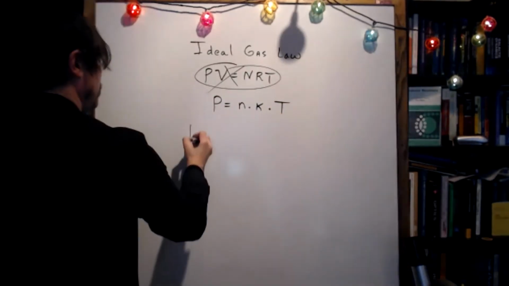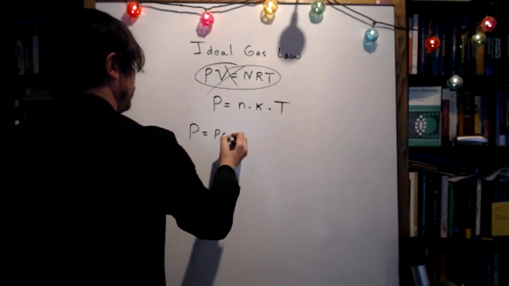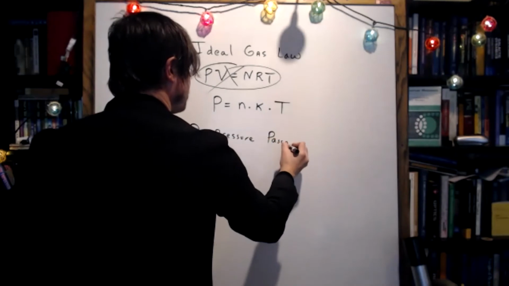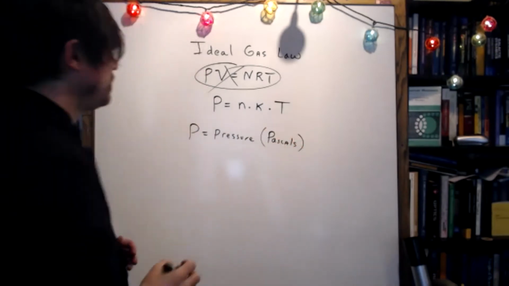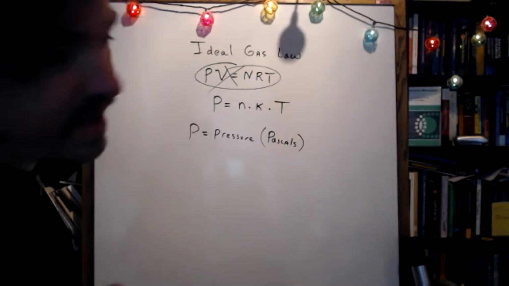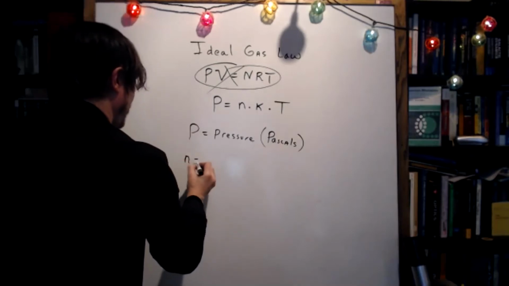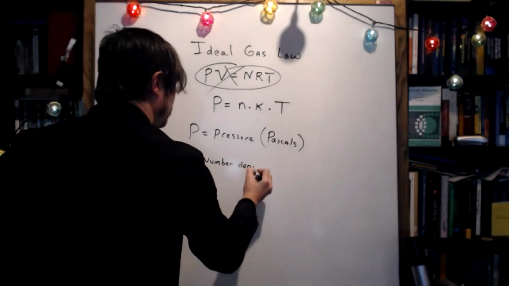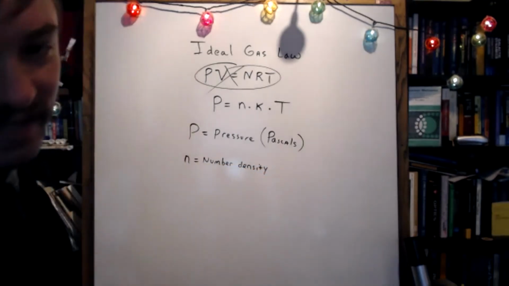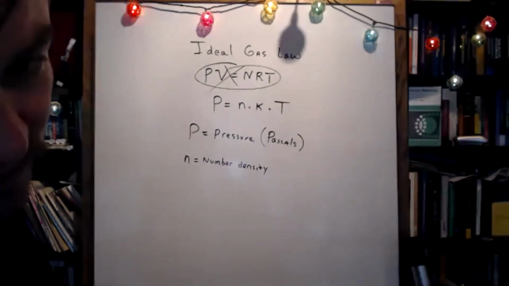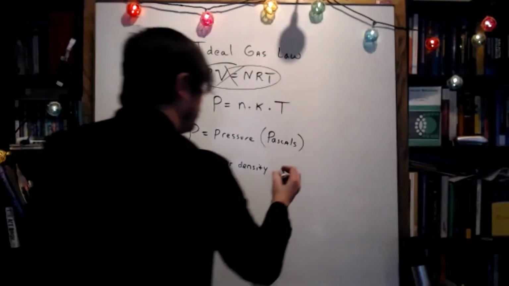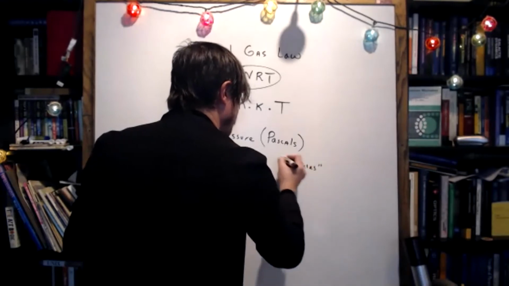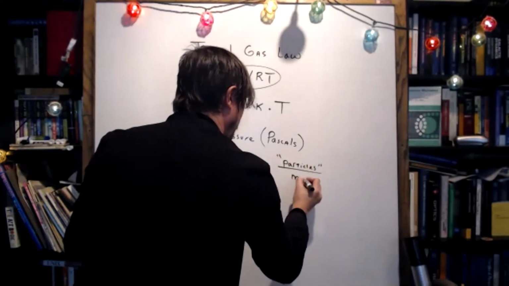where P is the pressure of the gas, measured in a unit called pascals. N is the so-called number density of the gas, measured in some kind of kooky units, particles per cubic meter.